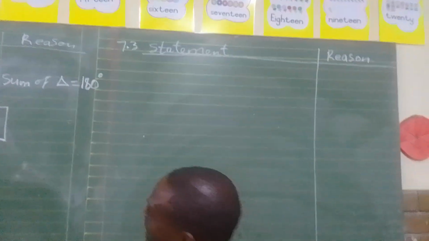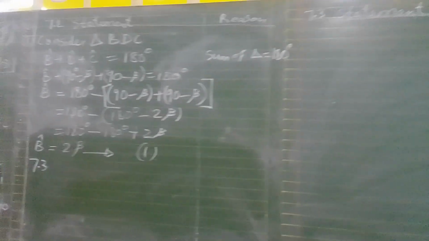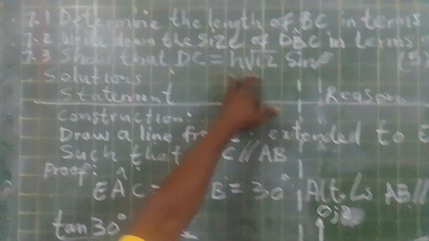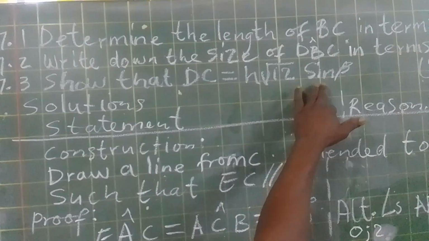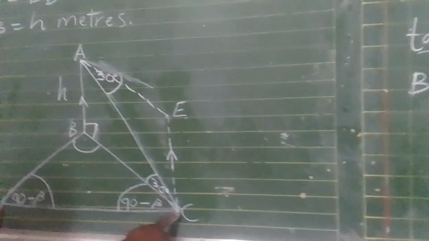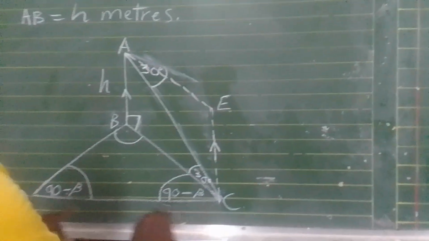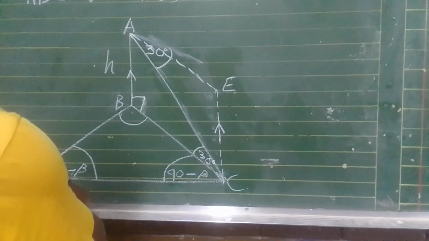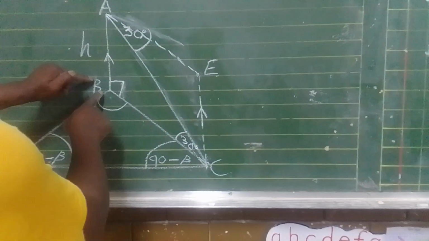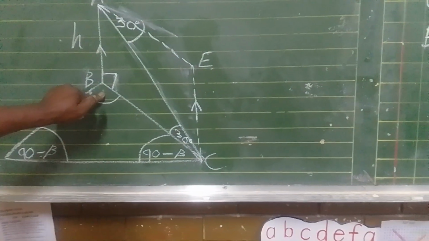Right, 7.3 says that, let's read again the question. Show that DC is equal to h square root of 12 sine beta for 5 marks. Let's check DC. DC is here. It is inclusive of 90 degrees minus beta, 90 degrees plus beta, and the angle beta.